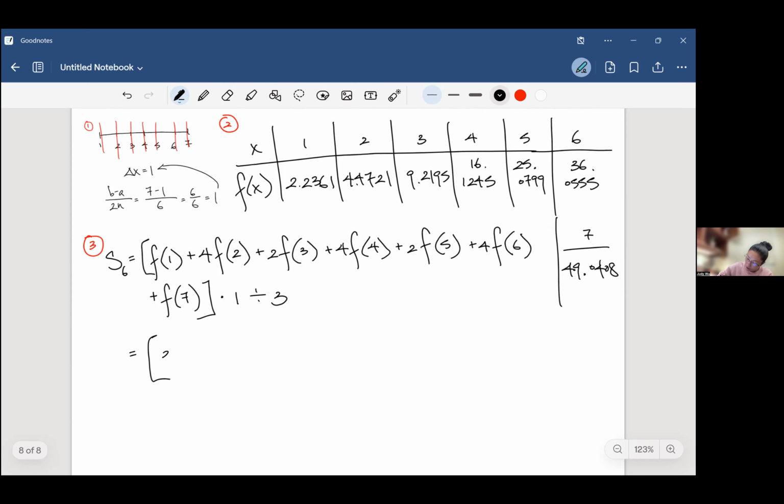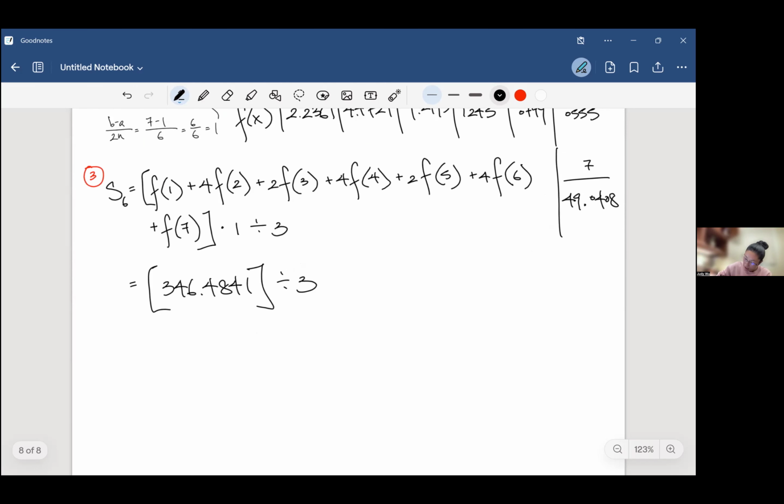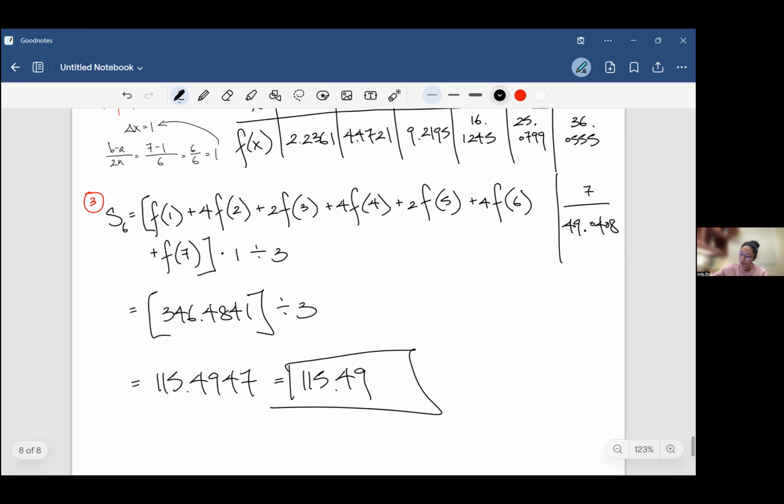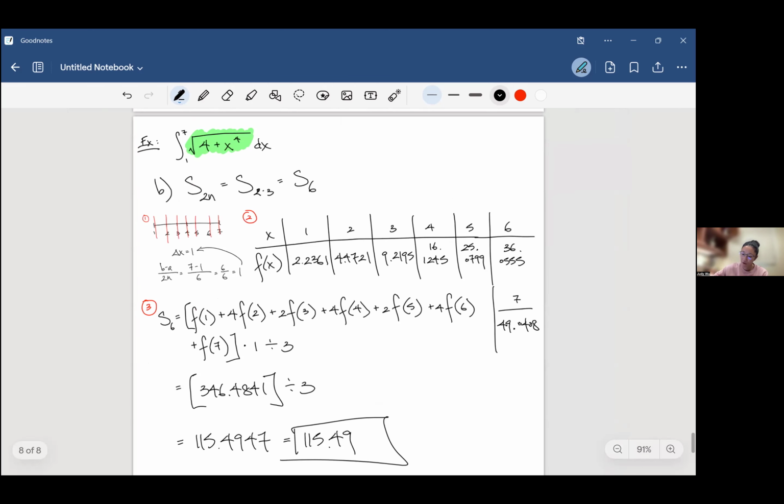That gives me 346.4841, and I'm going to divide it by 3. And I end up with 115.4947. I want to round to 2 decimals, so I get 115.49 as my approximation. Okay?